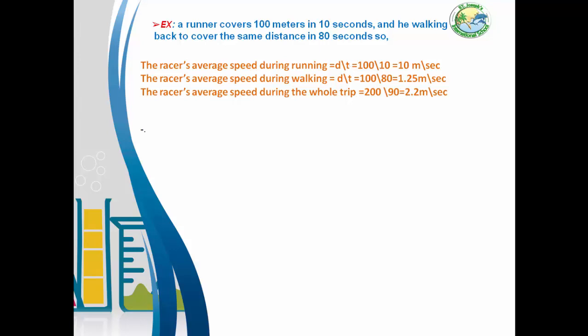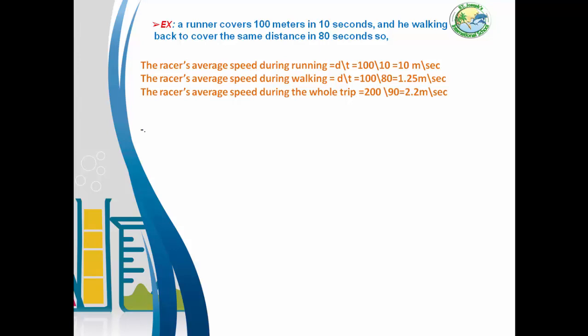We have a question. What is meant by the average speed of a moving object is 40 km per hour? We can replace the word average speed with its definition. I will say the question again. What is meant by the average speed of a moving car is 40 km per hour?